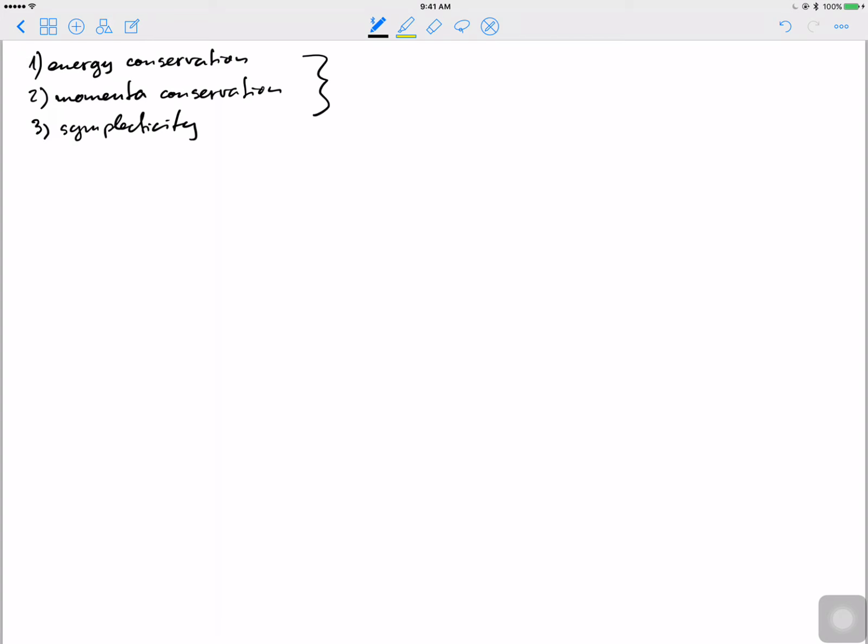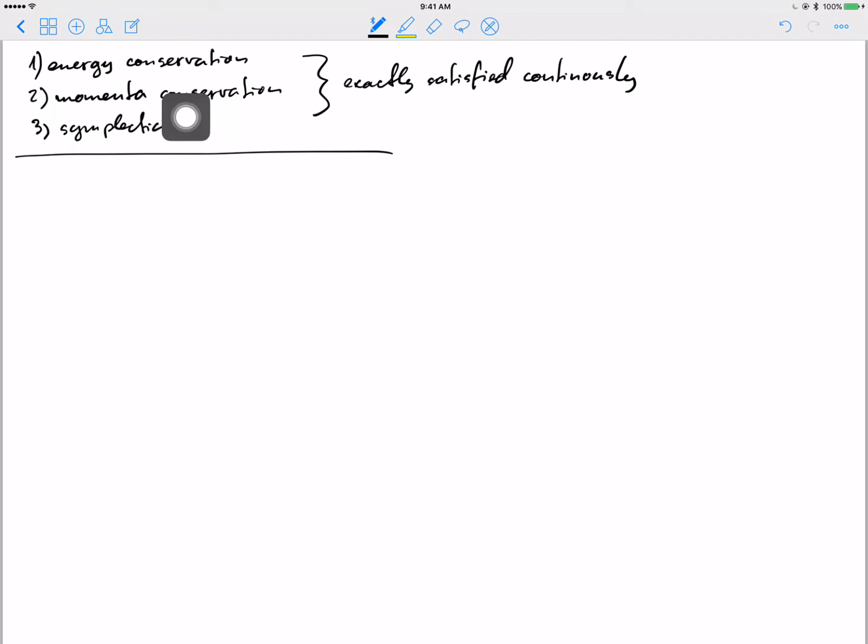So all of these things are exactly satisfied in the continuous solution, continuously. Okay. And the thing is that some numerical integrators satisfy them discretely. Okay. Meaning that some numerical integrators exactly preserve these properties.